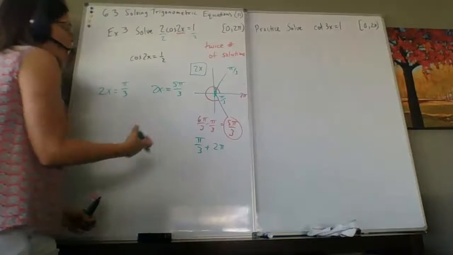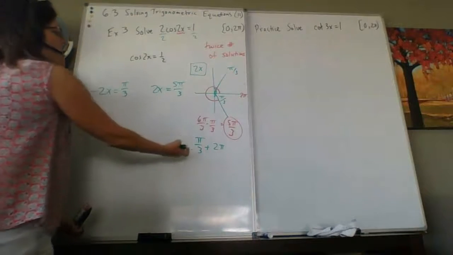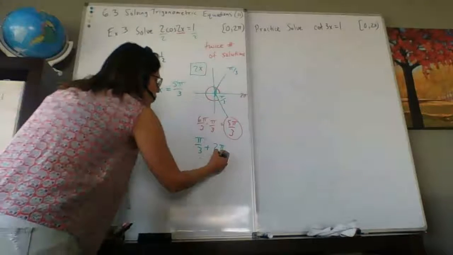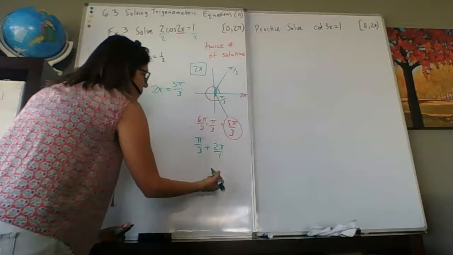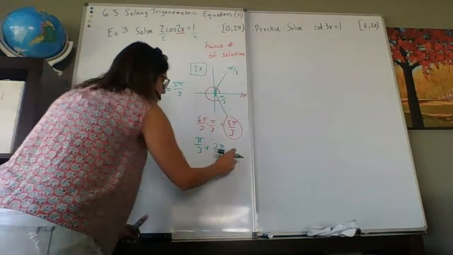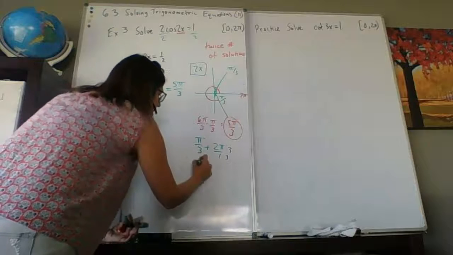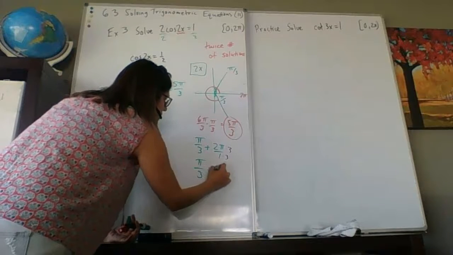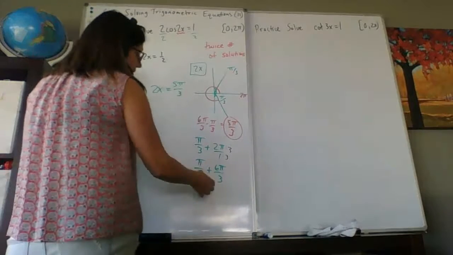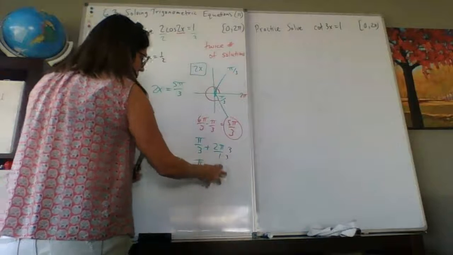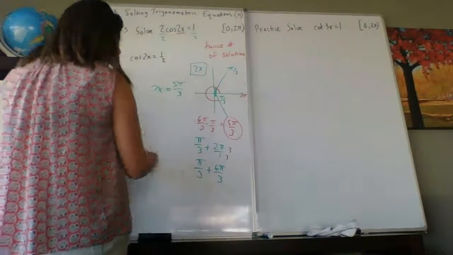To find another angle coterminal with pi over 3, we really want to find a common denominator. So we multiply top and bottom by 3. So we're really going to go pi over 3 plus 6 pi over 3. Instead of just adding 2 pi, we're going to keep adding 6 pi over 3.